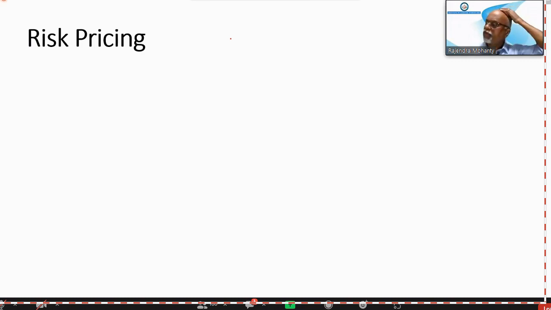Now we'll move to the next one. After risk measurement, the third one is risk pricing. What does risk pricing mean? Pricing basically means how we fix the rate of interest to be charged to our loan portfolio.